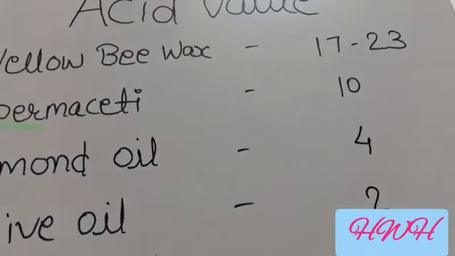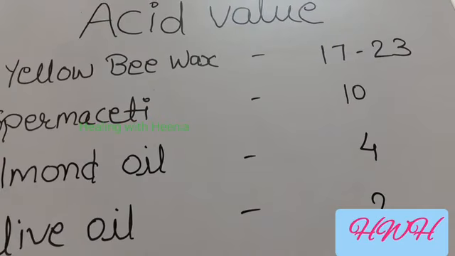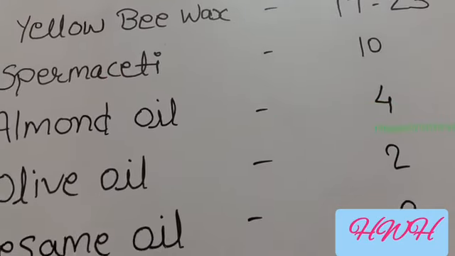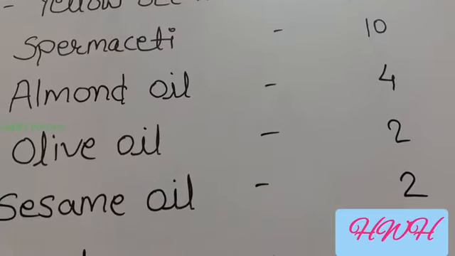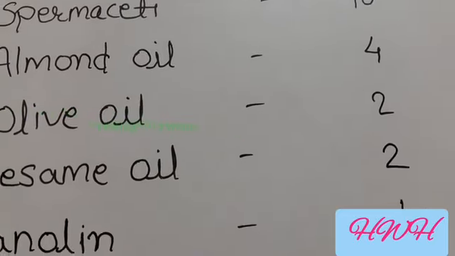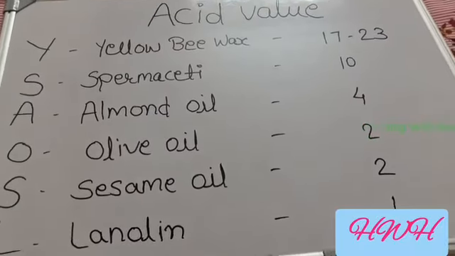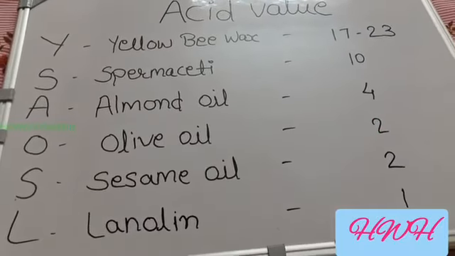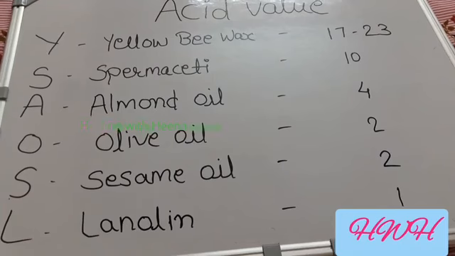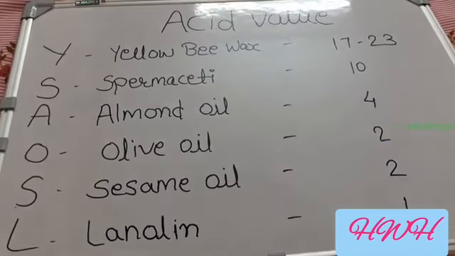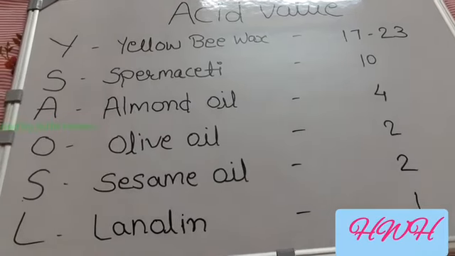Going from above downward, it is for yellow beeswax 17 to 23, then for spermaceti it is 10, for almond oil 4, for olive oil and sesame oil it is 2, and for lanolin it is 1. So you can remember the acid value as YSAOSL 17 to 23, 10, 4, 2, 2, 1.